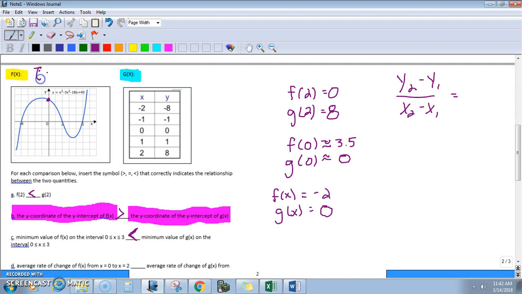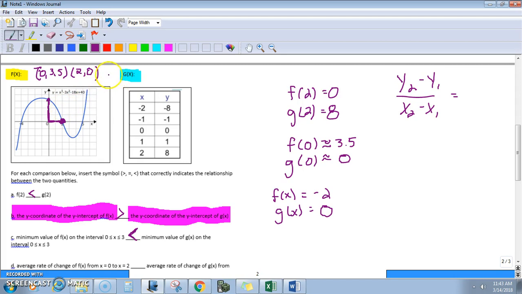We're going from 0, 3.5 to, what's our second point? 2, 0. Okay, and what we're looking for is the slope to get from one point to the other point. And in this case, it's the rise over the run.